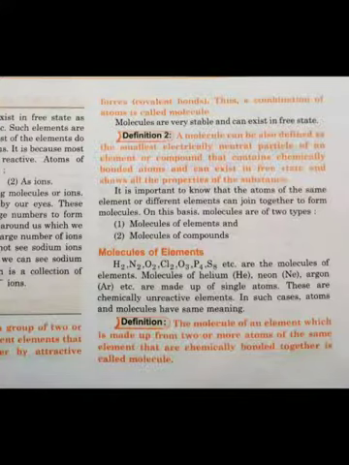And molecules of compounds are molecules in which atoms of different elements are chemically bonded together. For example, water H2O, two hydrogen atoms and one oxygen atom form water. And ammonia NH3, one nitrogen atom and three hydrogen atoms form ammonia. So these are molecules of compounds.